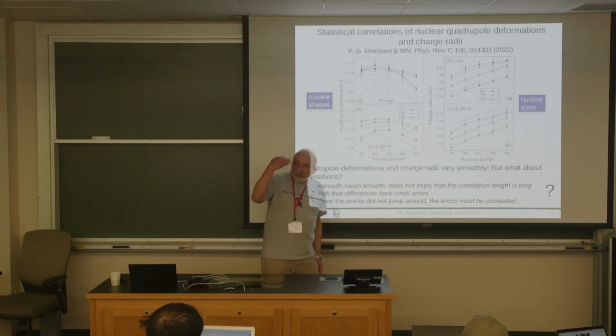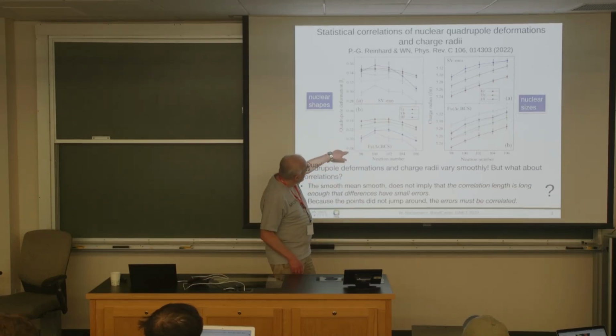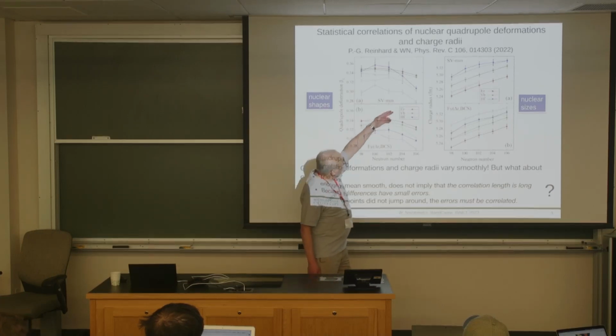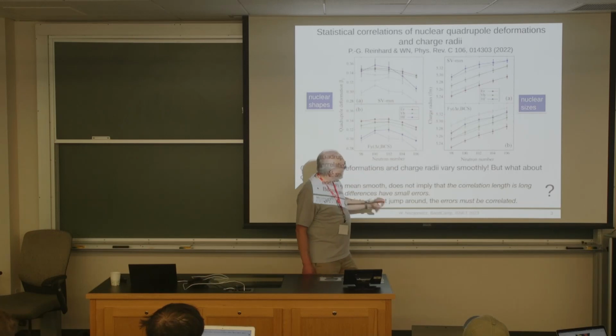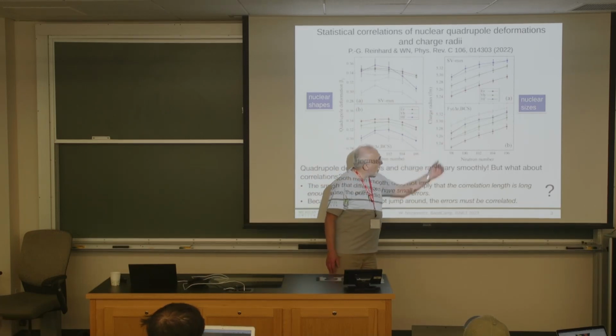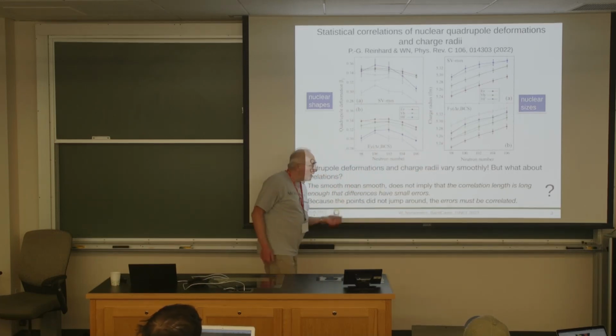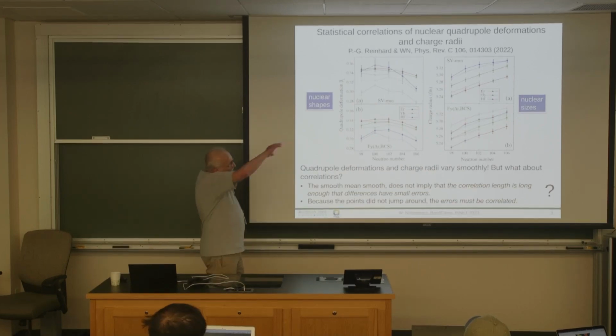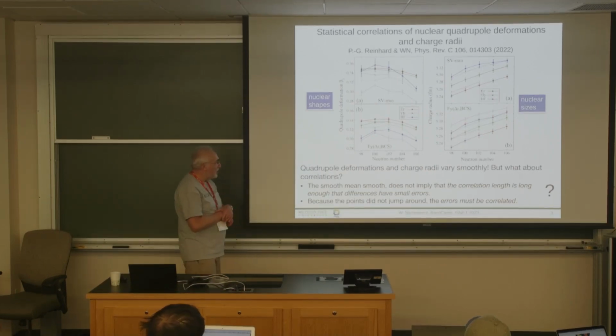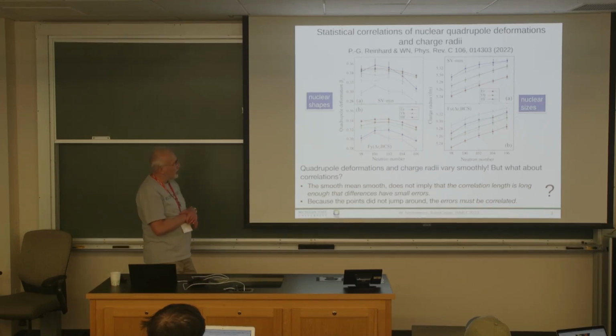So the nuclear sizes change for those three isotopes fairly smoothly as a function of neutron number, okay, and the same with radii. So you naively think that since those quantities change smoothly in experiment and theory, right, the differences of those quantities will change also smoothly.